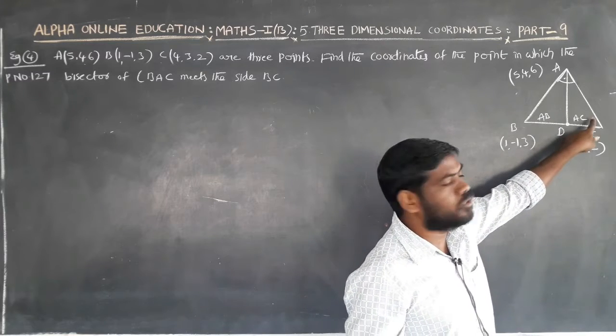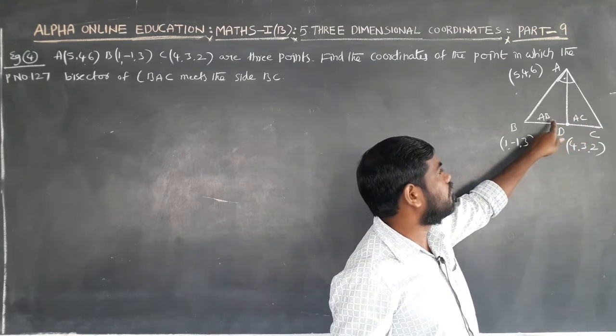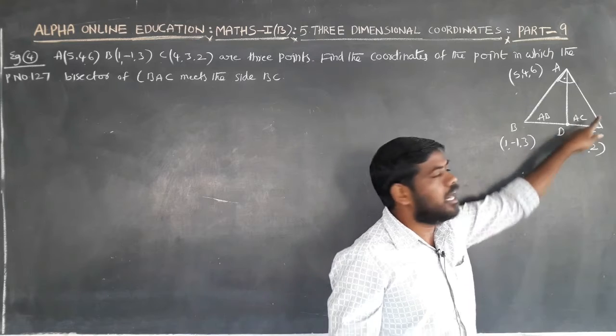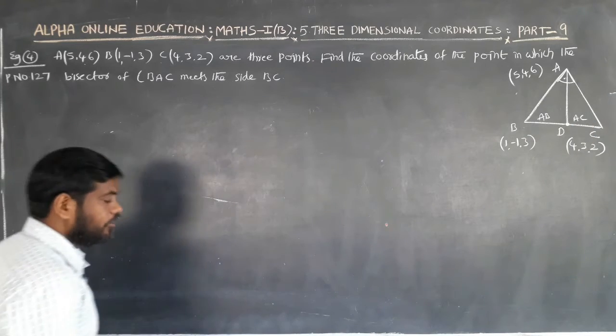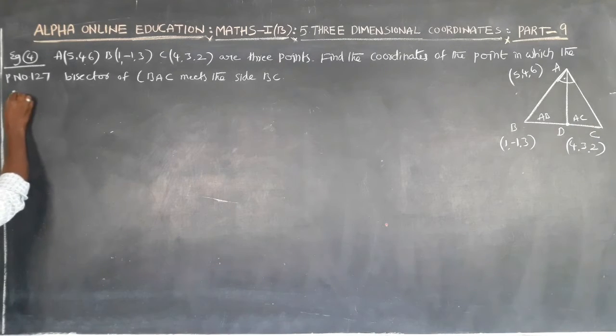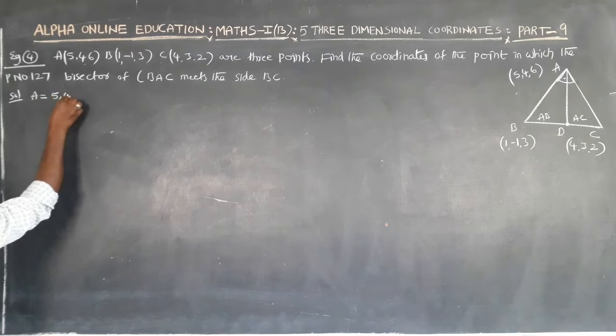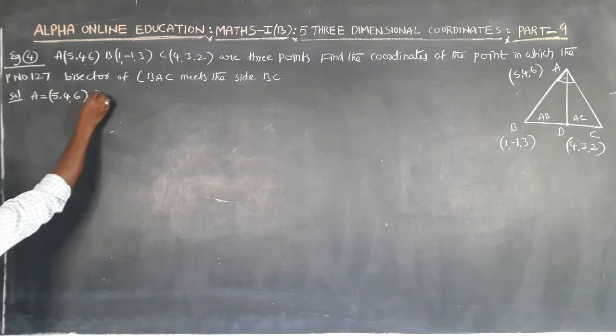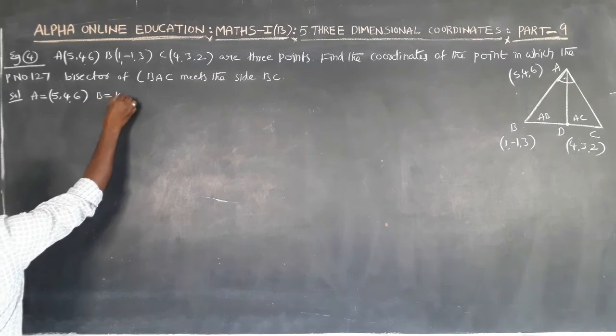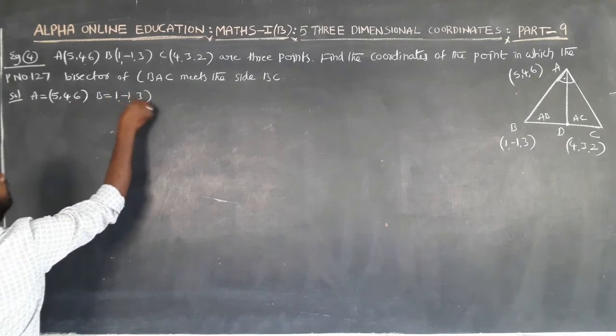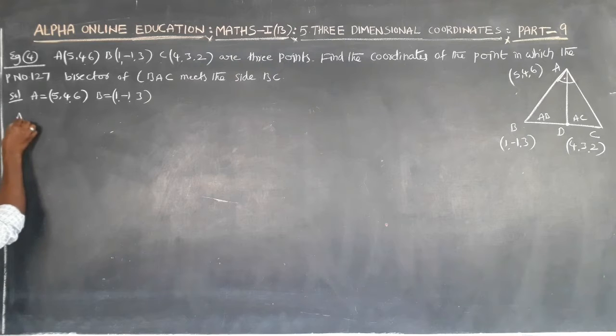First of all, find AB and AC. A is the point (5, 4, 6), B is the point (1, -1, 3).